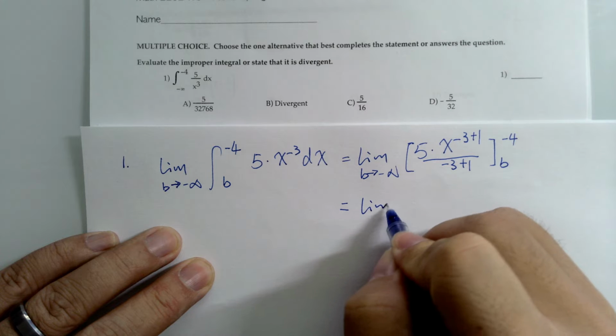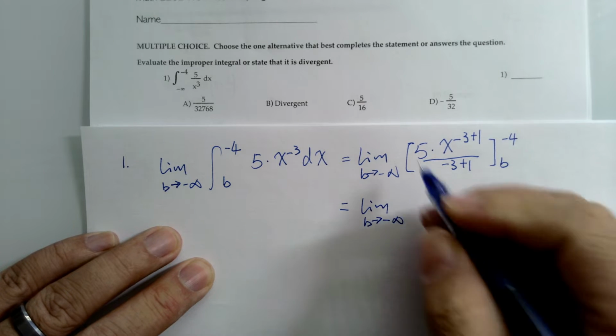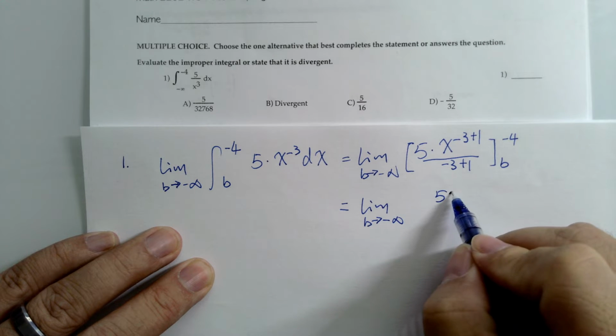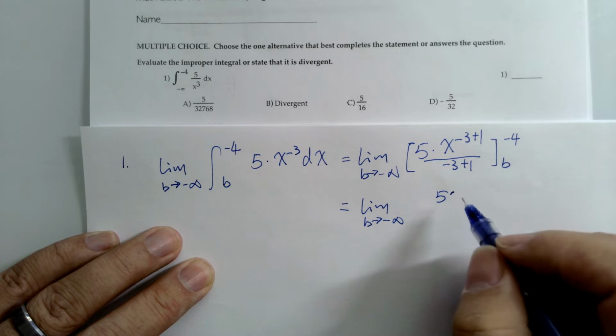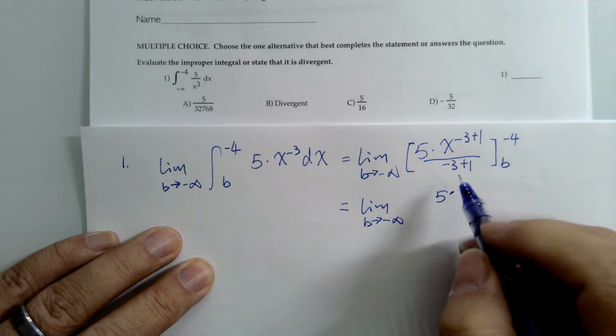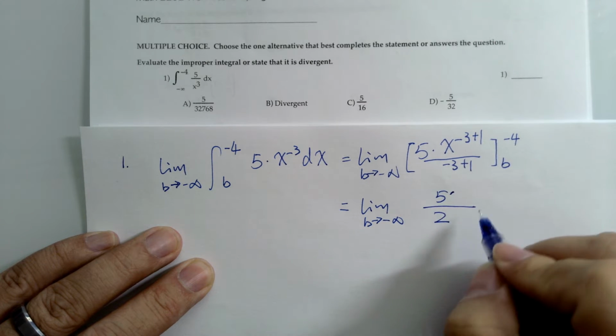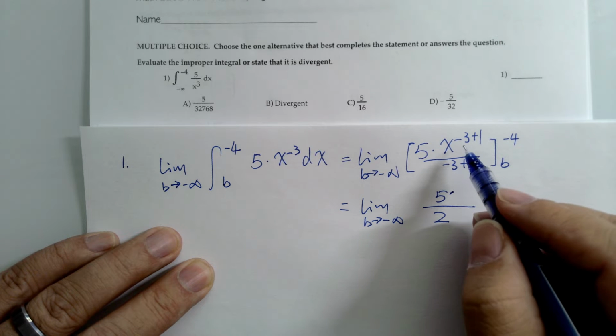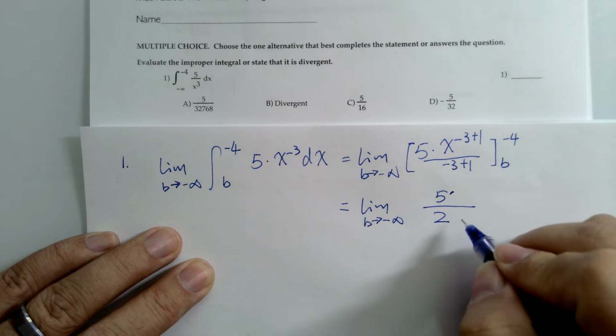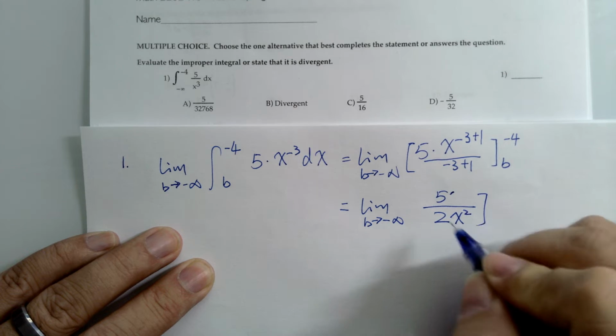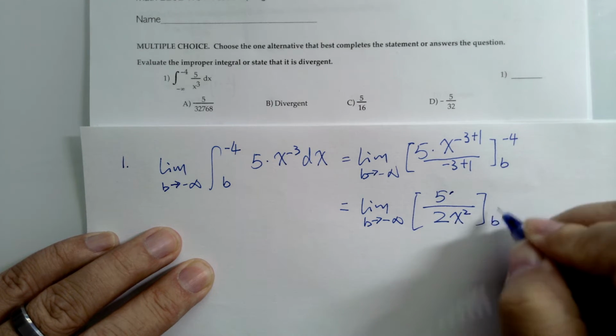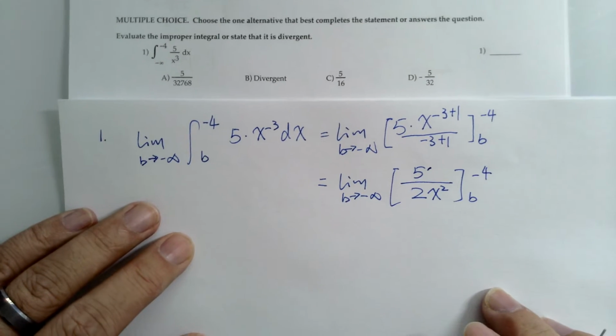So limit as b goes to negative infinity, it's 5 over 2, right? x to the power negative 2 can be turned into x squared, evaluated from b to negative 4.